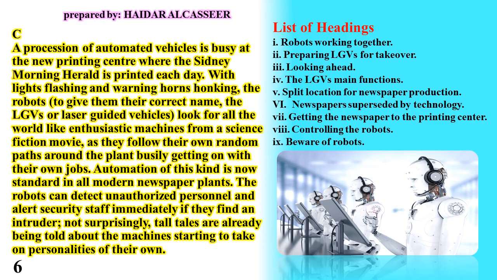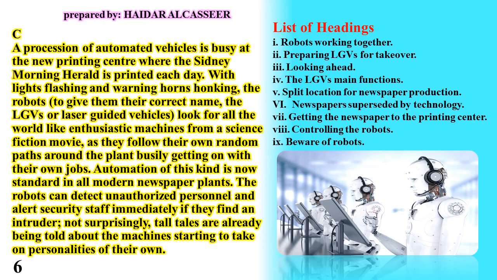That means there is a danger, a warning, watch out, be careful, beware also, but beware of what? Comma, and instead of writing of, they said the robots, which means with lights flashing and warning horns honking of the robots, which means we have an alarm of the robots.